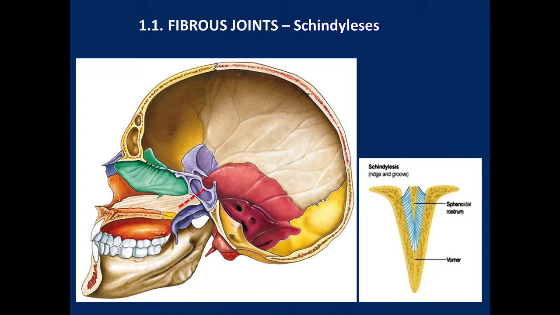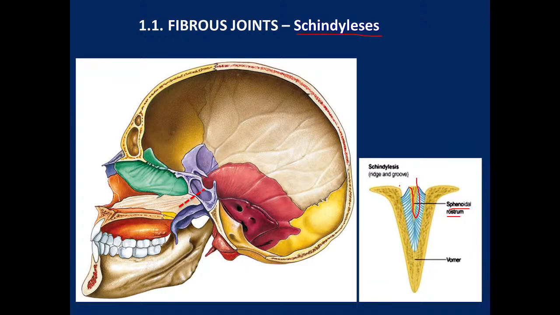And the last fibrous joints we call spondylosis. This is also a fibrous junction of bones in which the sharp edge of one bone enters between the split edges. Here, this is one bone, like a sphenoidal rostrum.